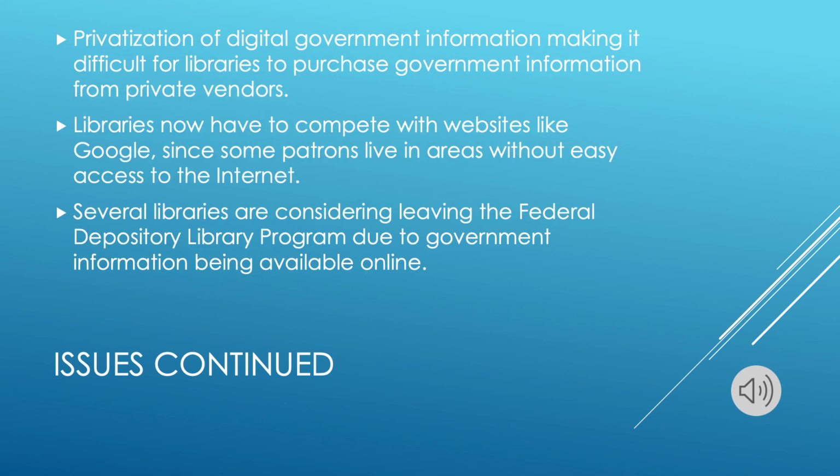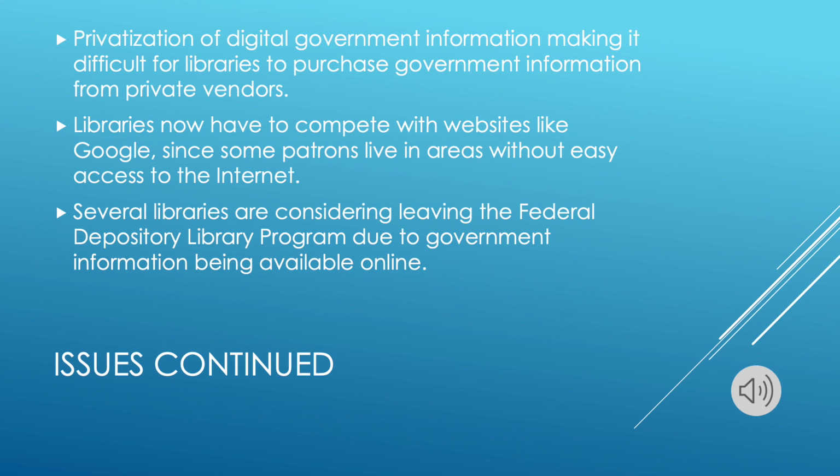In terms of librarians and information professionals, digital government information can be difficult for smaller libraries to purchase and acquire from private vendors due to the heavy privatization of digital government information in recent years. With so much government information now available online, federal depository libraries now have to compete with less professional but more user-friendly systems like Google, which can provide much easier access to digital federal information.